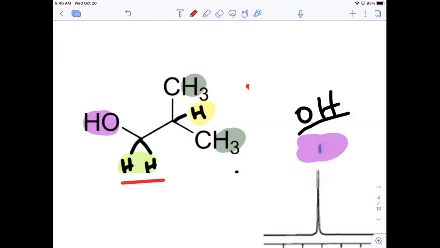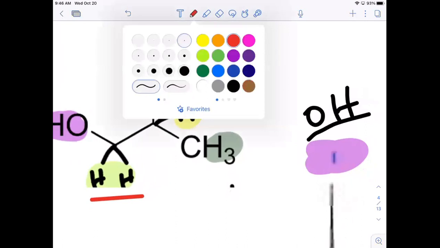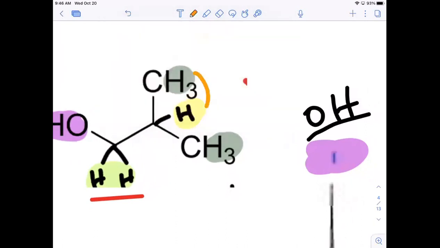Now look at the yellow one though. It's neighboring the CH3 here, and the CH3 here, and the CH2 right here. So it's going to couple with all of those. Is that right? Yes.